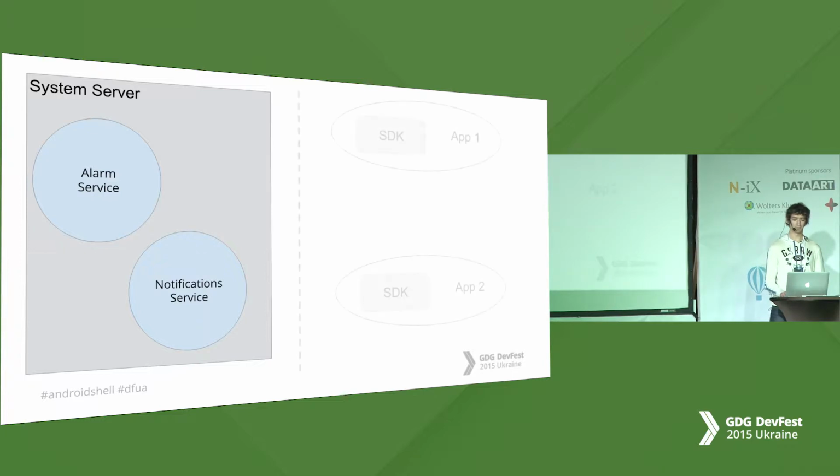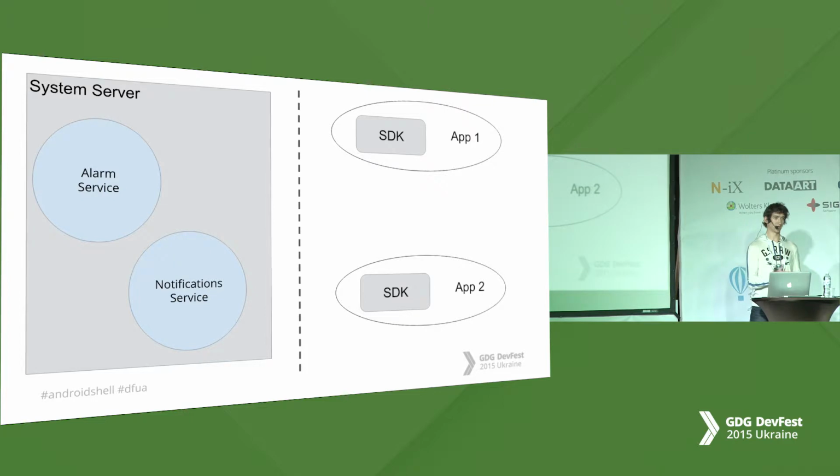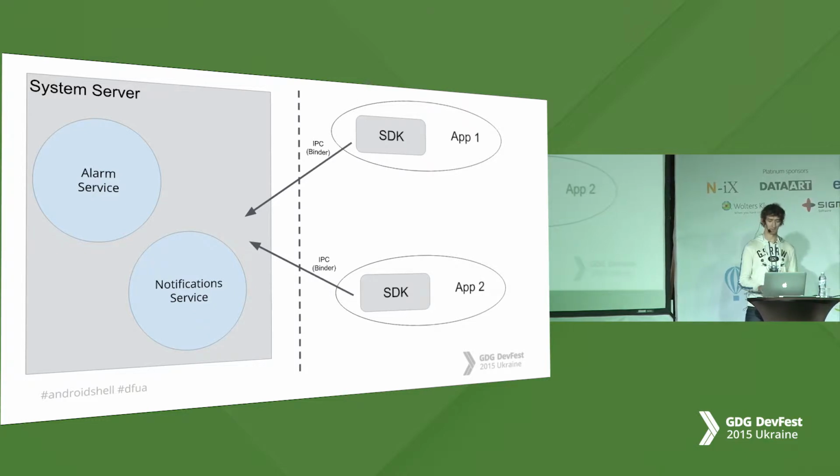When our applications run on our device, they use an API provided by the Android SDK, and that SDK wraps the calls to so-called managers to interprocess communication that communicates directly to the services that run in a system server.